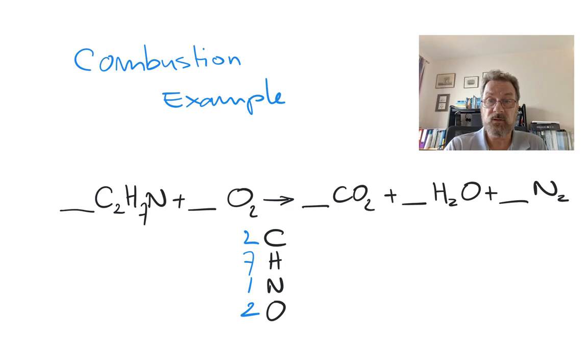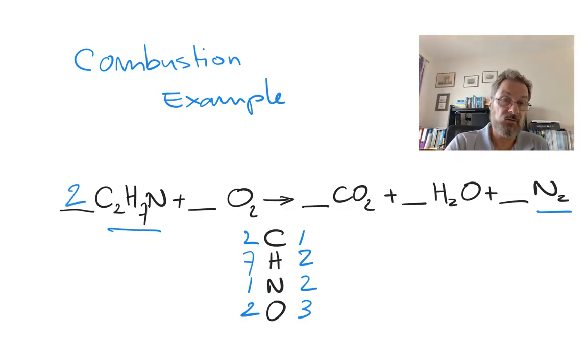And then on the right, we have 1 carbon, we have 2 hydrogens, 2 nitrogens, and we have 3 oxygens, okay? First thing to notice is that on the right you're expected to come up with N2, so you need to have an even number of C2H7N. So let's start with 2 of these.